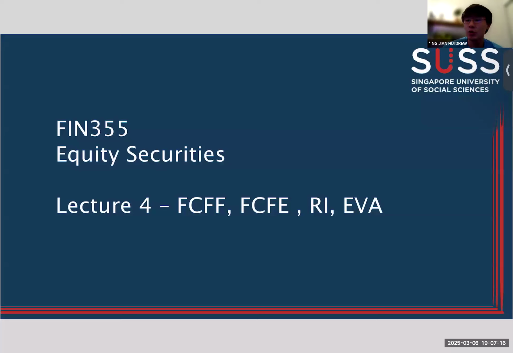Okay. Let's do a quick overview of what we have covered so far. Recall that in the first lecture, we did the qualitative description of how we value a company. The purpose of this module is to value a company.